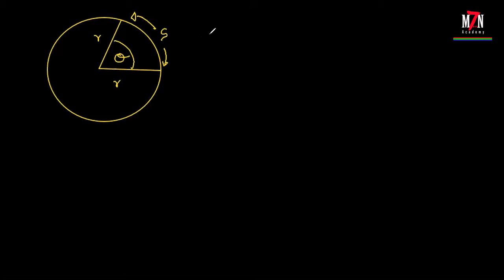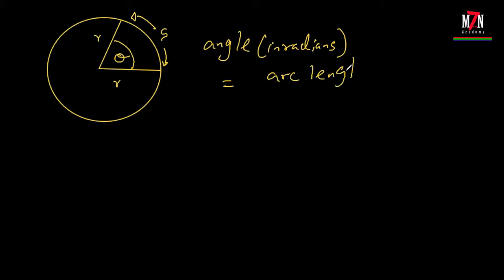I hope you can remember the previous lesson where we learned about radians. From the definition of radians, we can write angle in radians equals arc length divided by the radius.